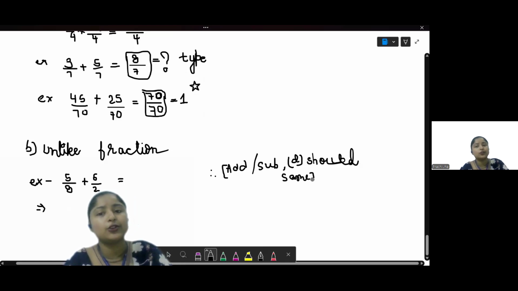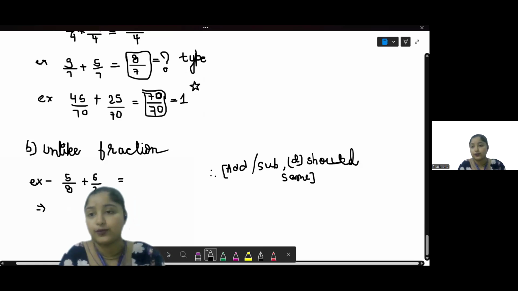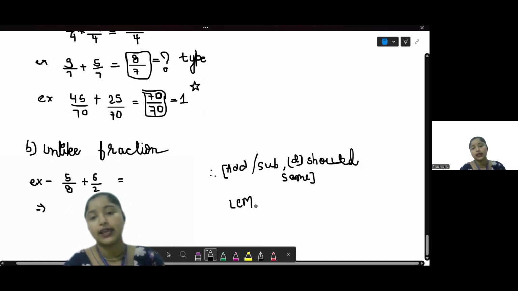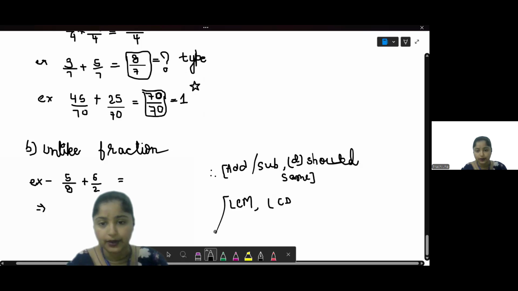See, now there are two ways to perform this question. Either you can do it with the help of the LCM method, which you call LCD as well. What is LCM or LCD? That's least common multiple or least common denominator.